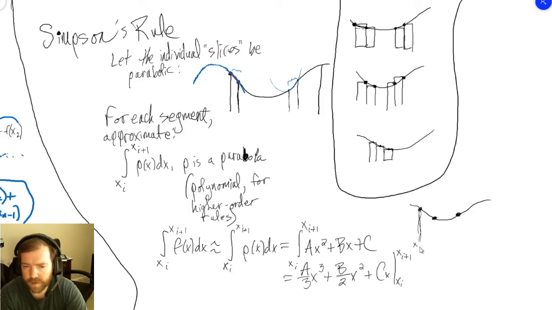Then this would be x sub i, this would be x sub i plus 1, and this would be x sub i plus 2. Technically, what you'd want to do is have P1 here and P2 here, P sub i and P sub i plus 1 here. And then we'd be looking at the two subintervals together. So technically, this should be i plus 2.